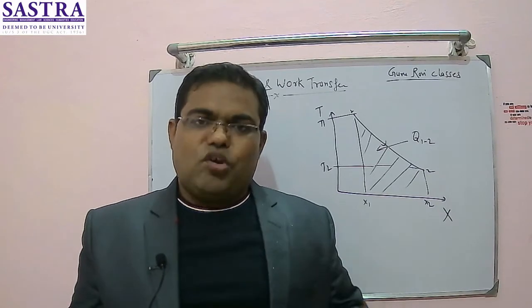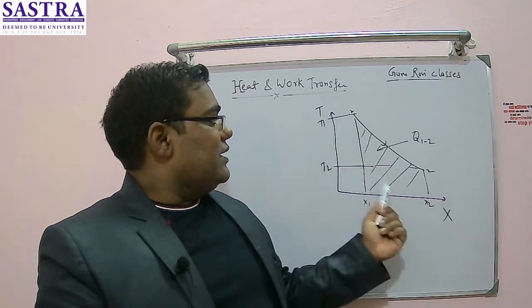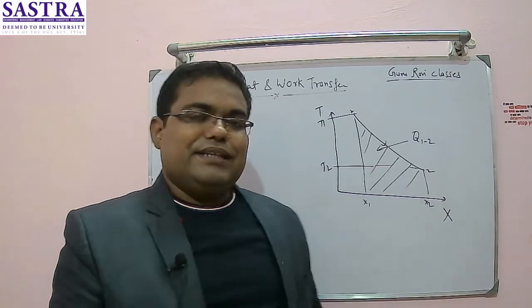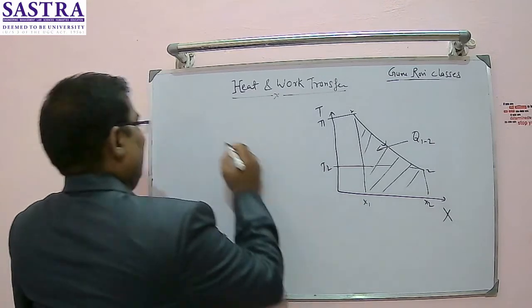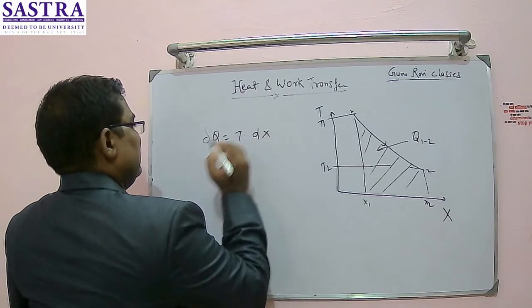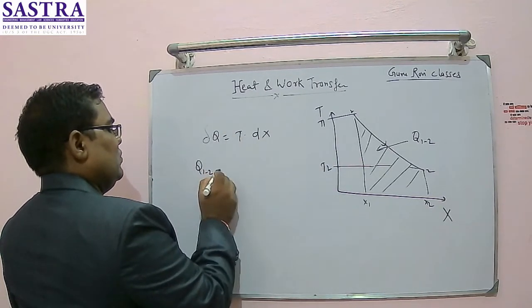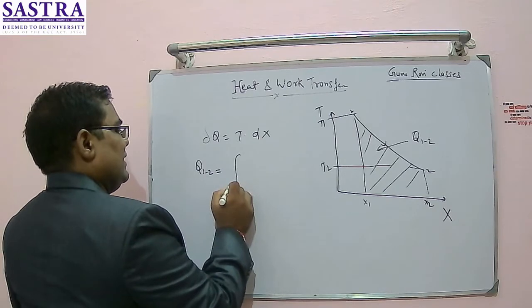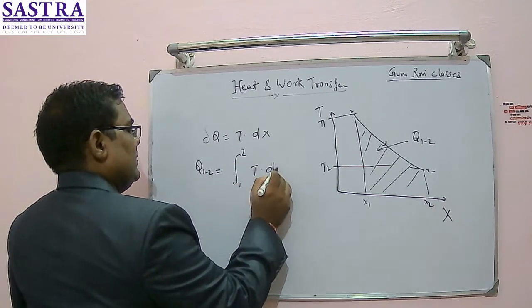X is basically entropy, which we define as capital S. So the area under the curve of the T-X curve represents the heat transfer. From this we can write simply dQ is equal to T dX. If I want to find Q12, I can write Q12 is equal to the integration between 1 and 2 of T dX.